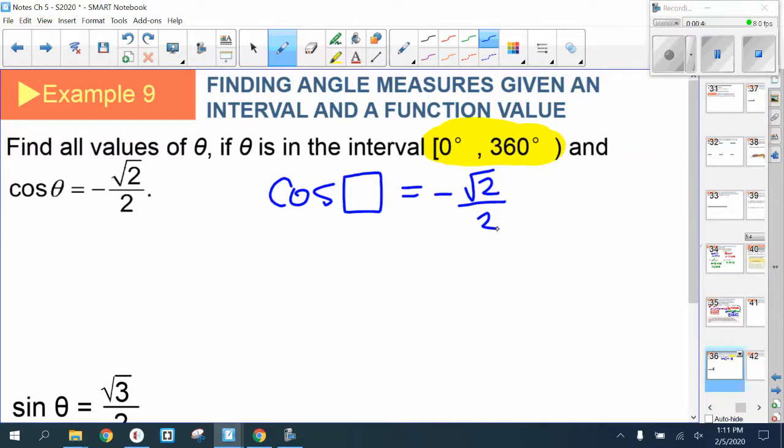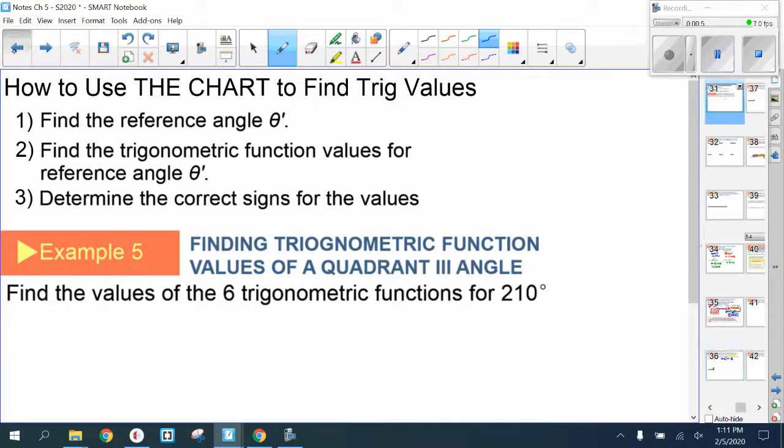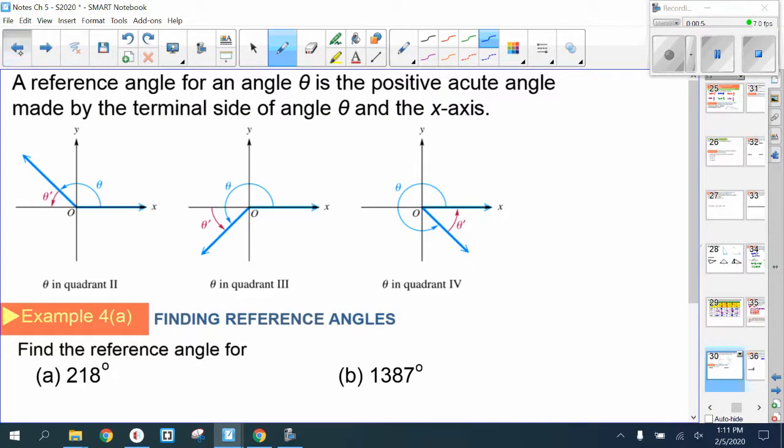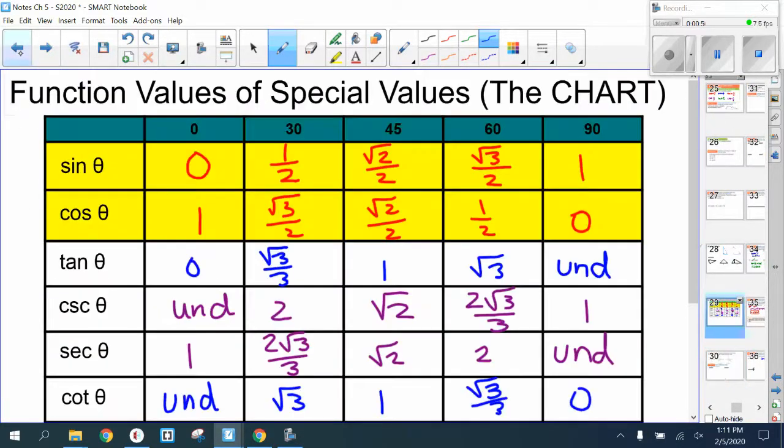Okay, so if you look at the chart, you can look at cosine, and you can look at square root of 2 over 2, and it's kind of like you're using the chart backwards to get to this 45, all right? That 45 is a reference angle, okay?